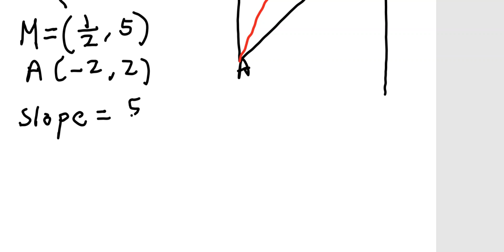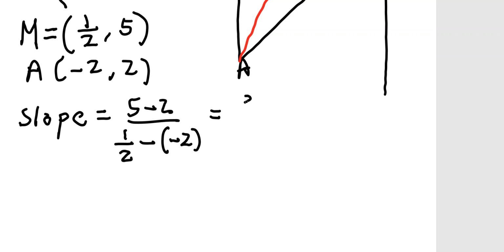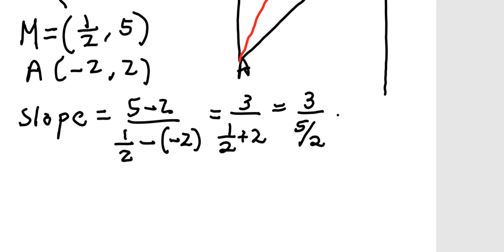So it's going to be 5 minus 2 all over 1/2 minus -2. Be careful with the negative signs. So it's going to be 3 over 1/2 plus 2, which is 3 over 5/2. So 3 divided by 5/2 is simply going to be 6/5.